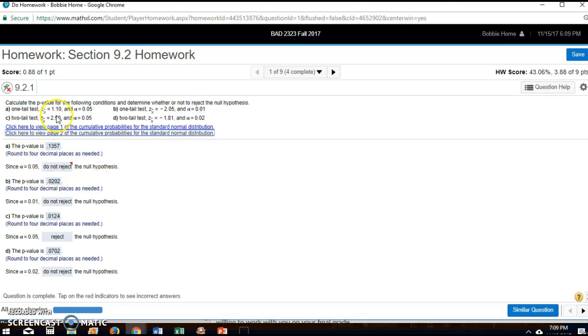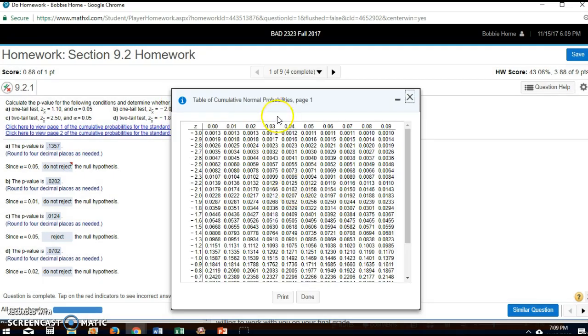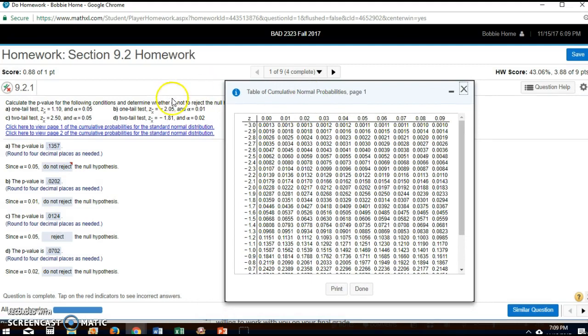Okay. Now, for a one-tailed test where the z-value is -2, this is a left-tailed test. This is the easy test because the left-tailed test says I want the probability up to this number, or to the left of this number. So this table will tell you exactly what that is without having to do the 1 minus.